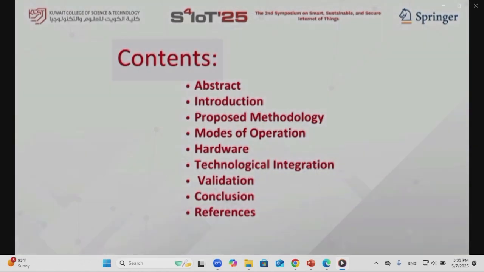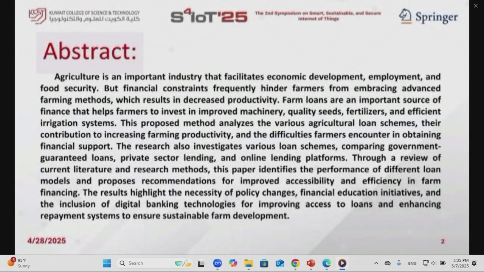Coming to the abstract, agriculture is an important industry that facilitates economic development, empowerment, employment, and food security. But financial constraints frequently hinder farmers from embracing advanced farming methods, which results in decreased productivity. Various agriculture loan schemes contribute to increasing farming productivity, and the difficulties farmers encounter in obtaining financial support are examined.